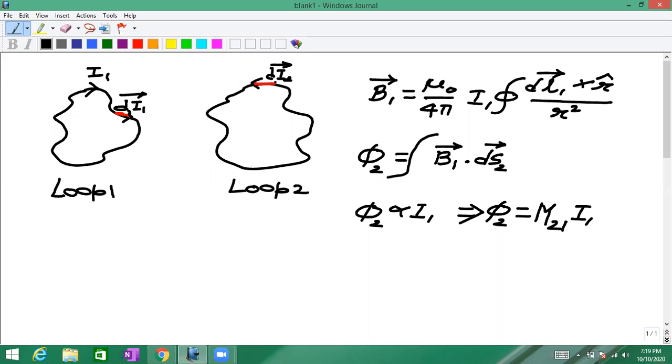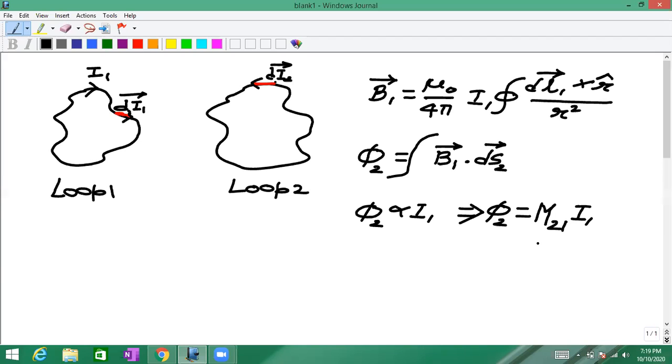So why am I writing 2, 1 with M? Because in this relation, two different loops are involved. Current is flowing in one loop, and we are measuring the flux in another loop. Therefore, two different loops are involved. That is why we are using both the numbers as index on M.